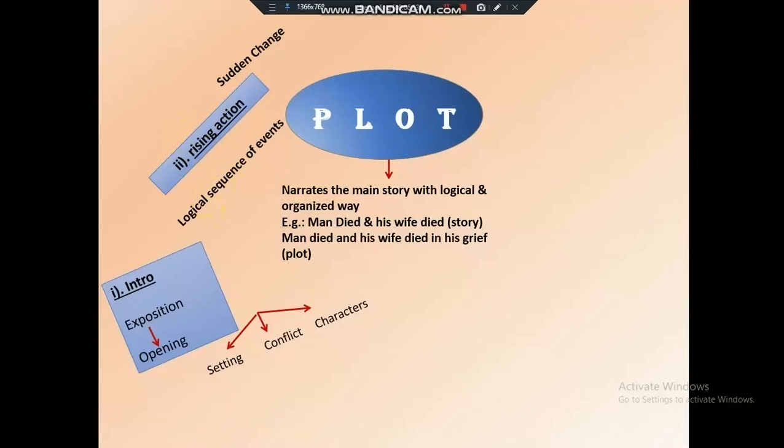Understood? So the details which I have mentioned, you have to mention these details in your rising action, or you have to give some of the examples in the second step of the plot, that is rising action. That is why I explained all the events that happened in rising action.